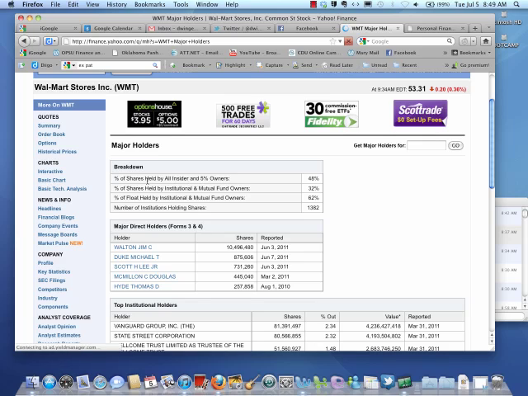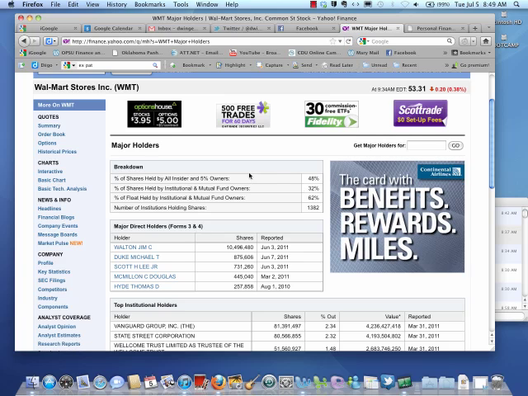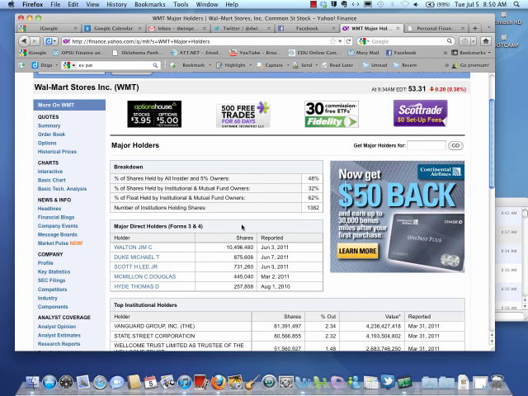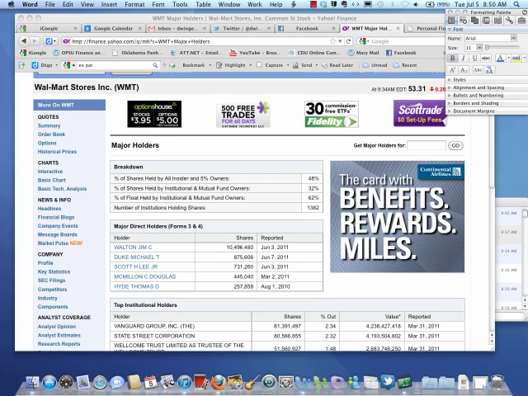Inside ownership, percent of shares held by all insiders, 48%. Why is that important? Or percent inside ownership, percent institutional. Here's percent institutional. Why is ownership important? Do you want the managers to own part of the company? What do you think about that?